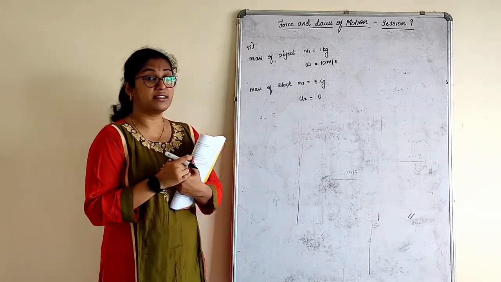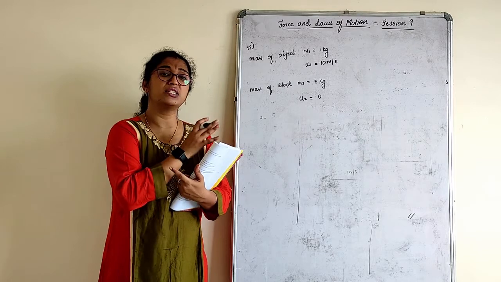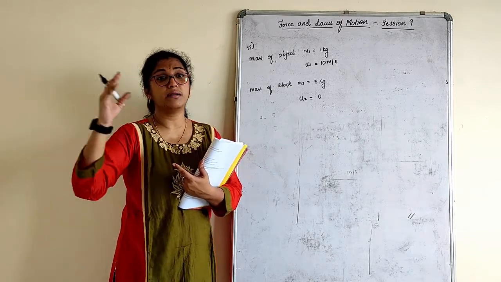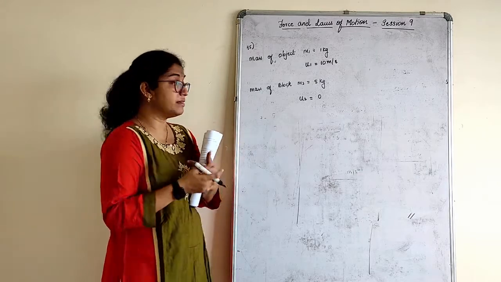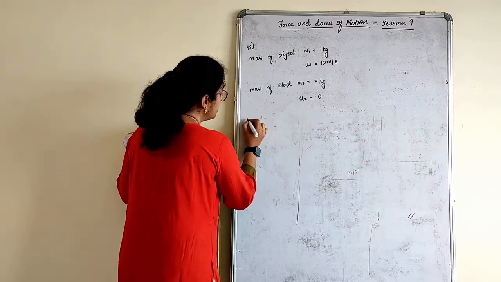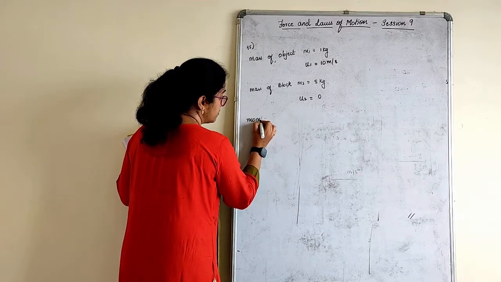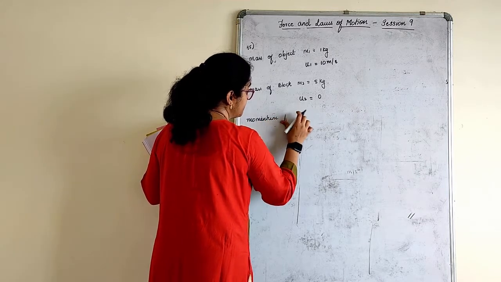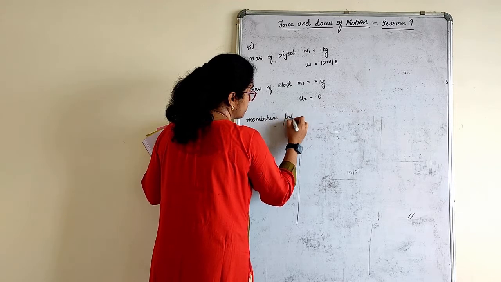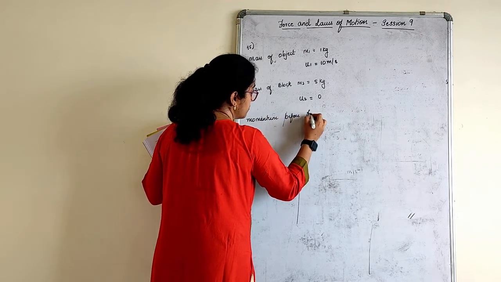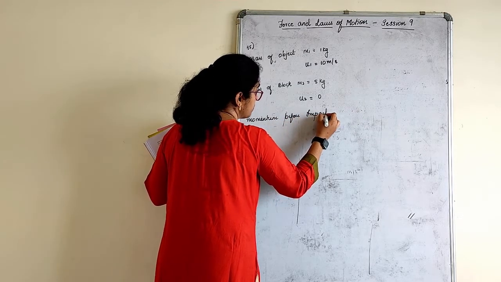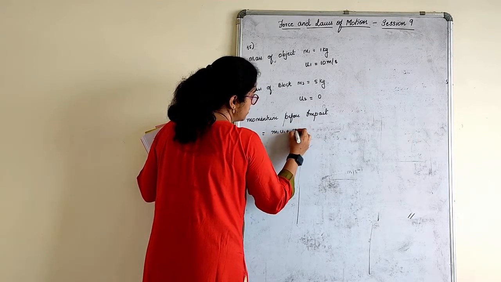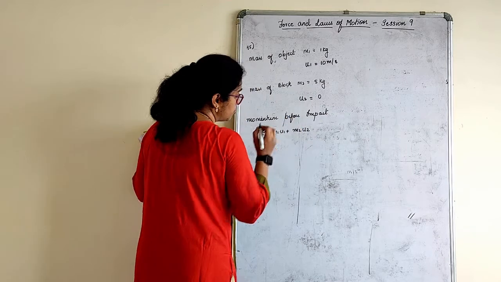So now they have asked here, calculate the momentum just before the impact, that is momentum before collision, and momentum after collision. Let's find them separately. Momentum before impact is equal to m1 u1 plus m2 u2.